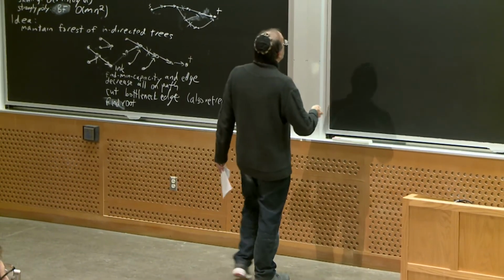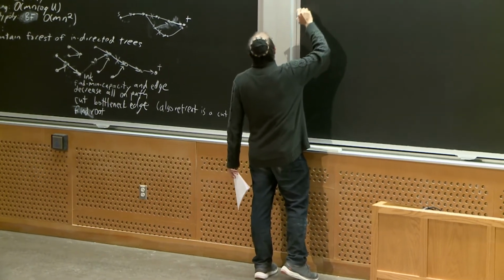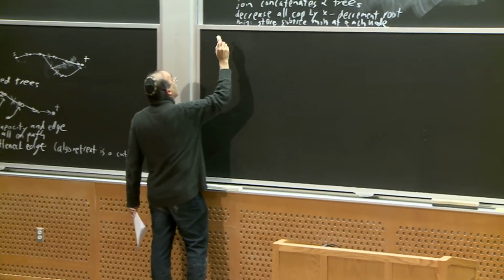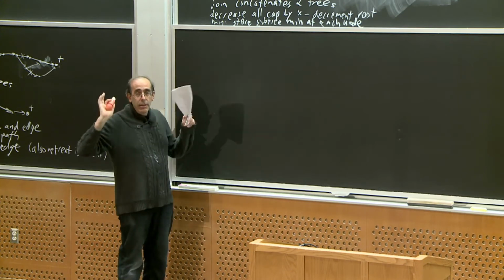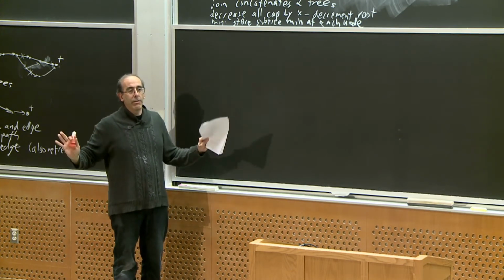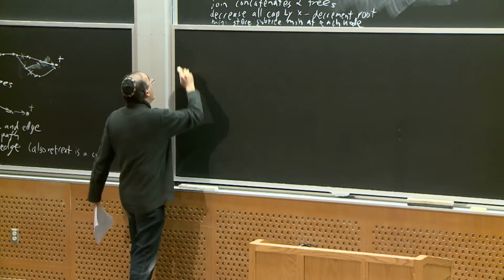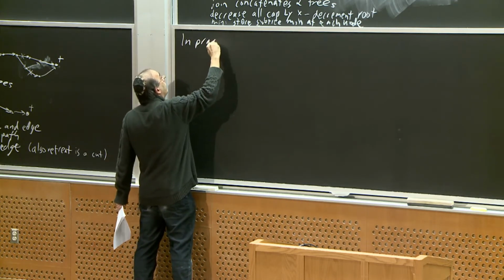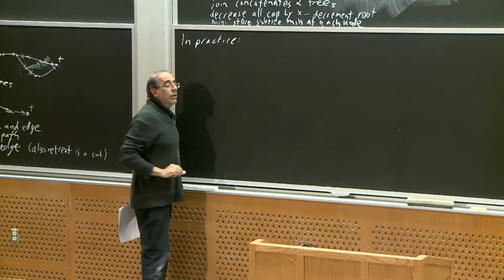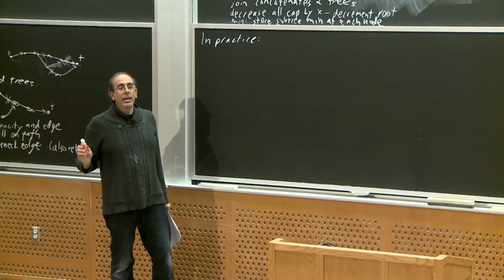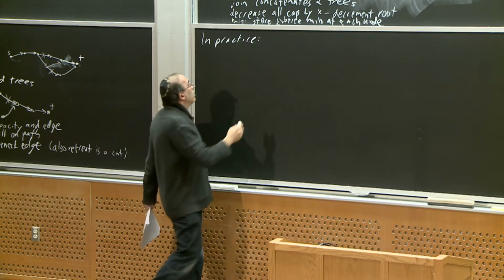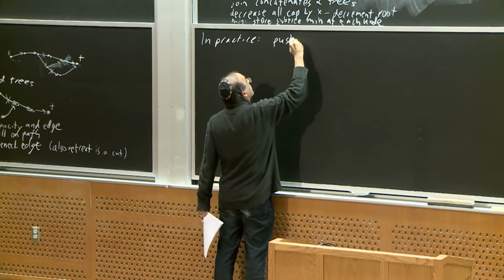Now, before I go into that, I should add that blocking flows are theoretically fantastic. They achieve all the best bounds that we know how to achieve. But in practice, people developed a related technique which works better, which is called push relabel.